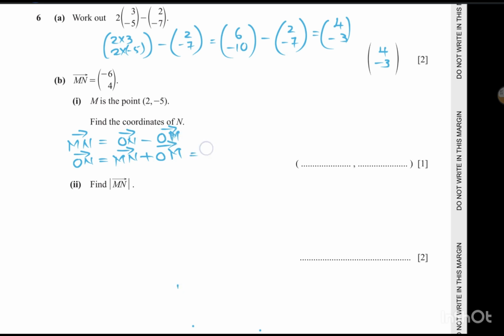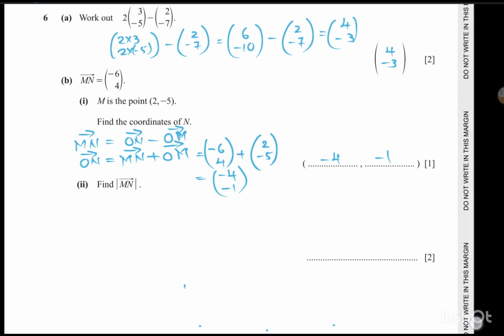MN is (-6, 4) plus OM, which is (2, -5). So -6 plus 2 is -4, and 4 minus 5 is -1. So (-4, -1) are the coordinates of N.